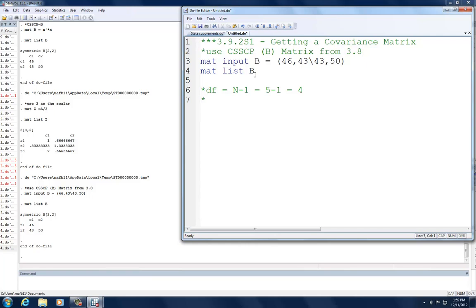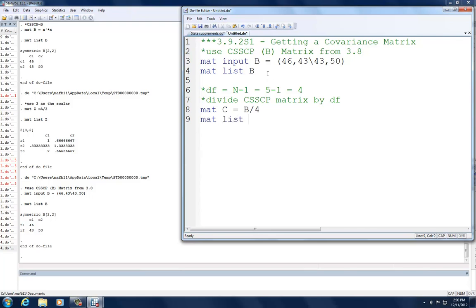So we are going to divide the corrected sum of squares and cross products matrix by the degrees of freedom. So we have matrix C for our covariance matrix equals B, the CSSCP matrix, divided by degrees of freedom.